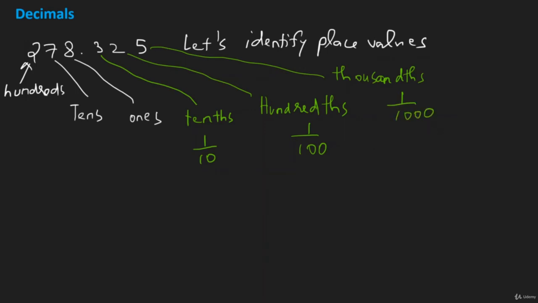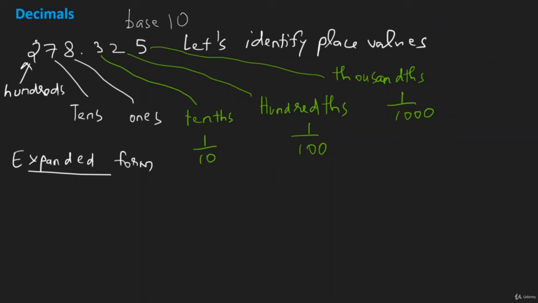Now let's write the expanded form of this number, and remember this number is written in base 10. The expanded form of a number is obtained when you multiply the digit with its place value.